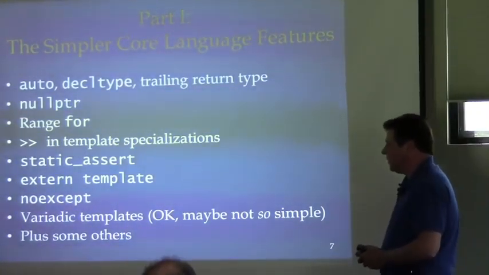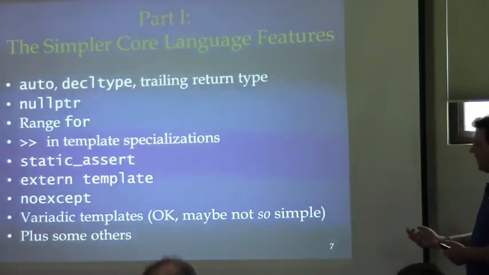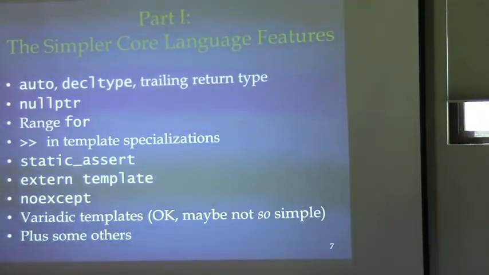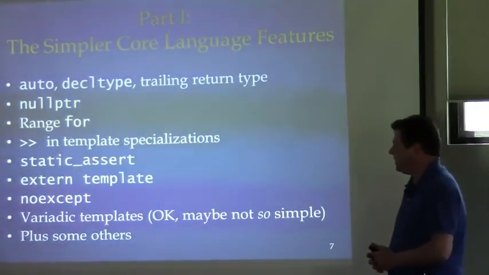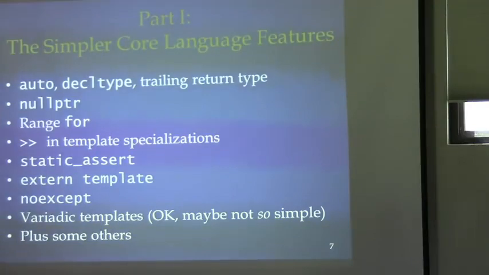The noexcept keyword, which solves a problem that was also causing a lot of grief due to some issues with the old C++ exception specifications. Variadic templates. I included this in the simpler features, but they kind of straddle the simpler and the more elaborate. But this is where they ended up. Okay, plus a few other minor things.